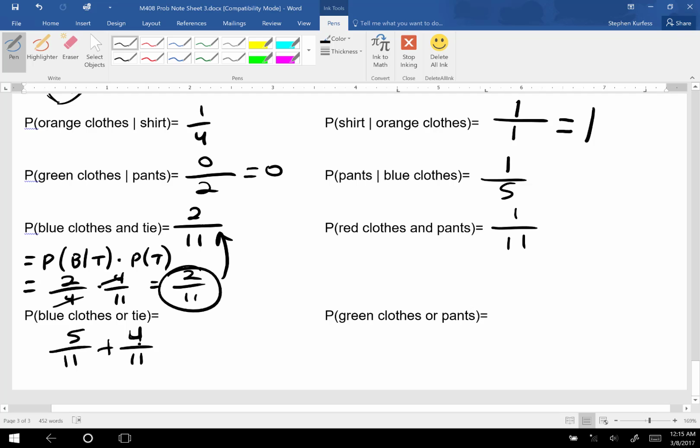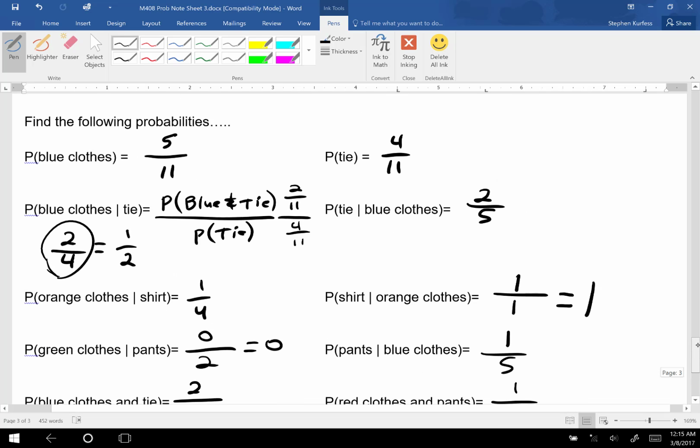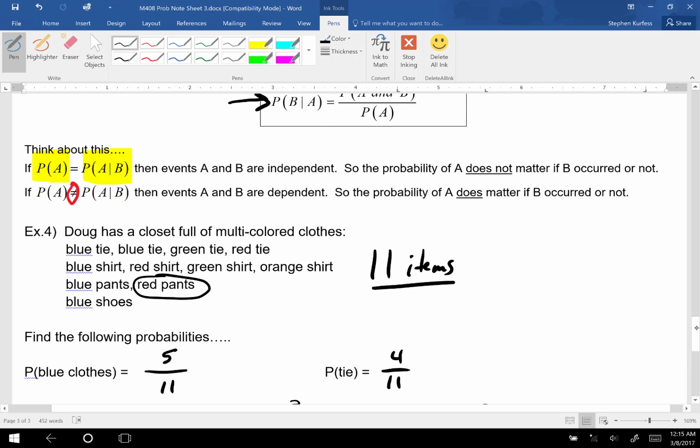But what's the problem here, math fans? What just happened? Okay, we counted blue clothes and we counted ties. But what happened is I counted blue clothes and ties, so I counted these two twice, didn't I? When I counted blue, I counted 1, 2, 3, 4, 5. And when I counted ties, I counted 1, 2, 3, 4.